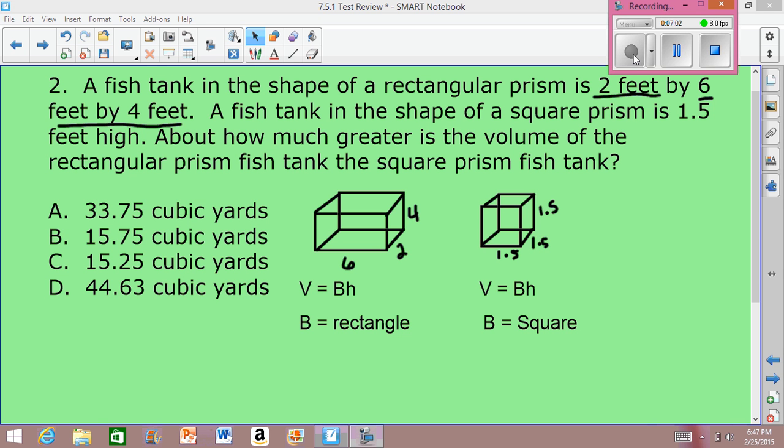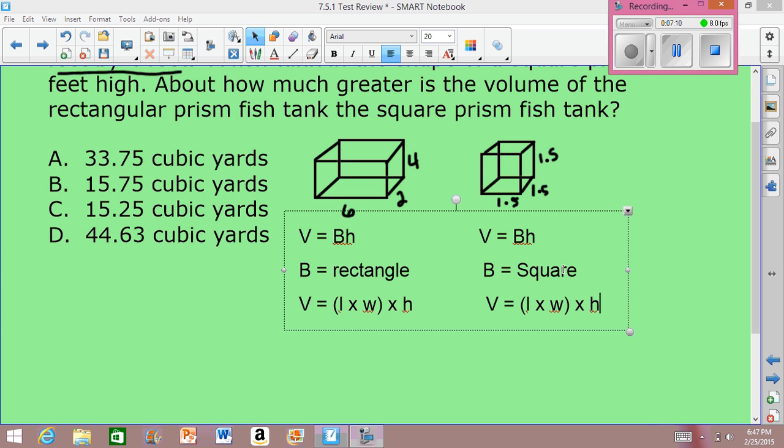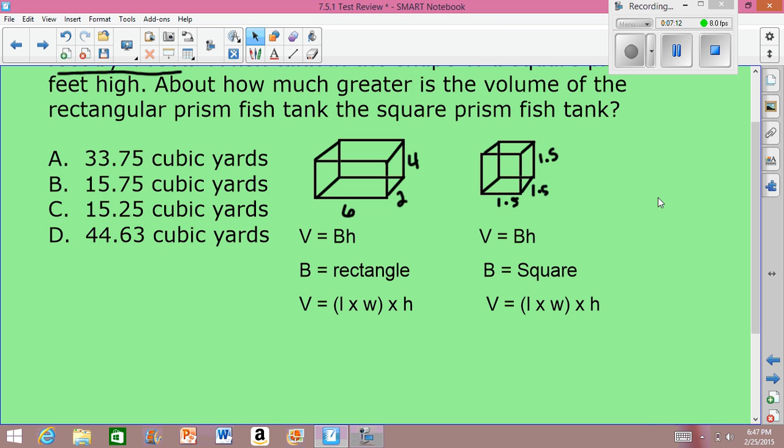So big B is a square. So now we're going to replace those 2 B's with their correct formula. Both of these use the same formula for calculations. So we have length times width times height for the rectangular prism and length times width times height for the square prism. So now we're ready to substitute in numbers.